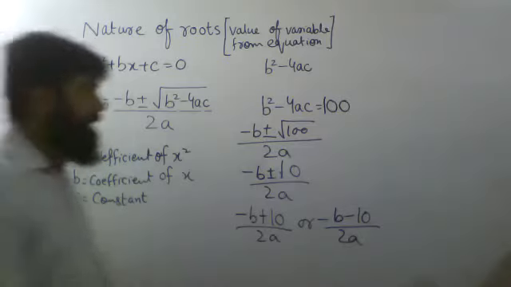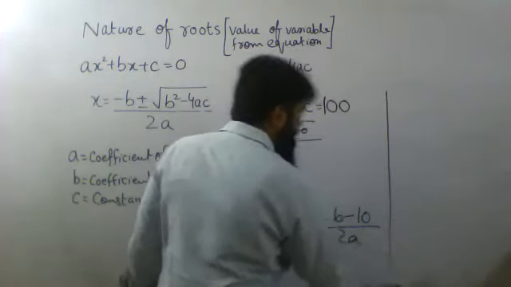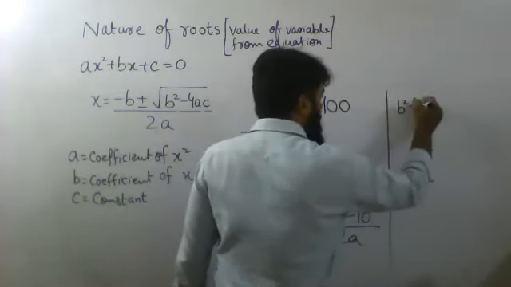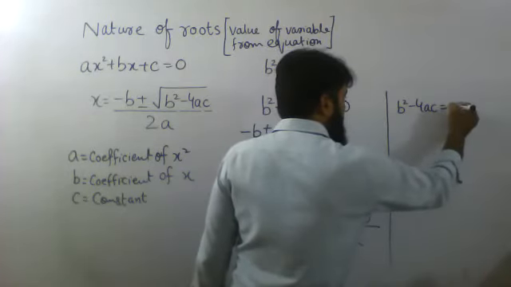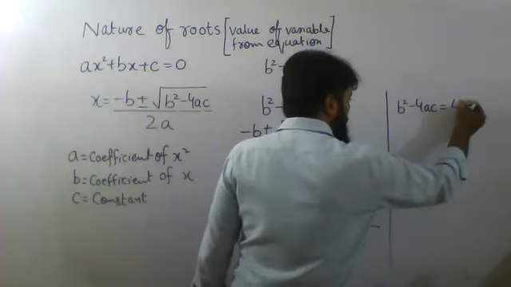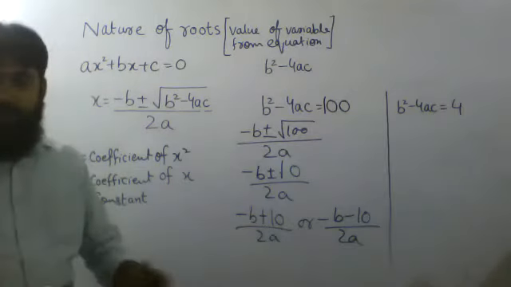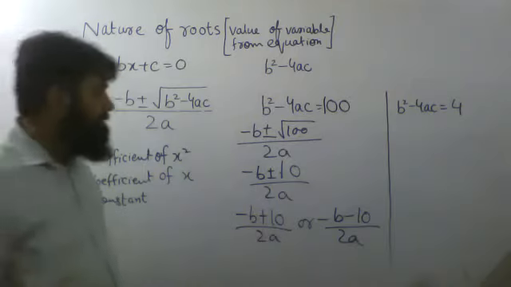Acha, let's take another one. Let's say b square minus 4ac equals 4.